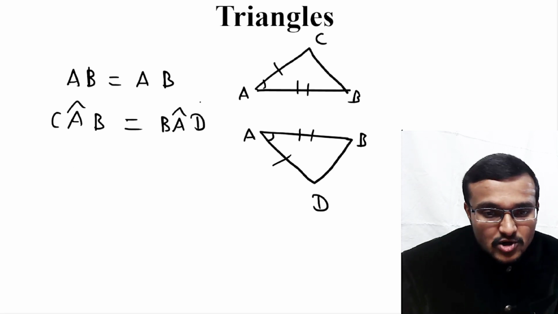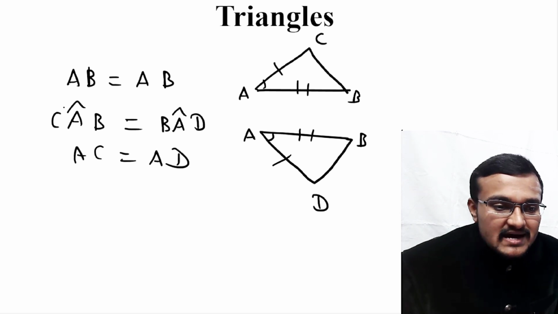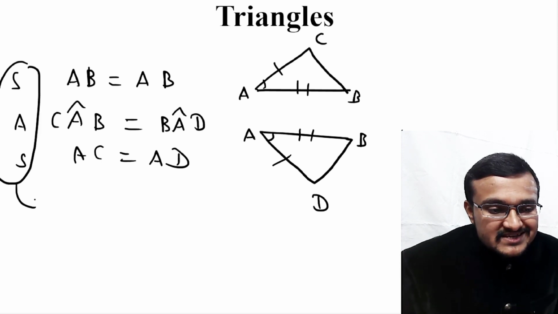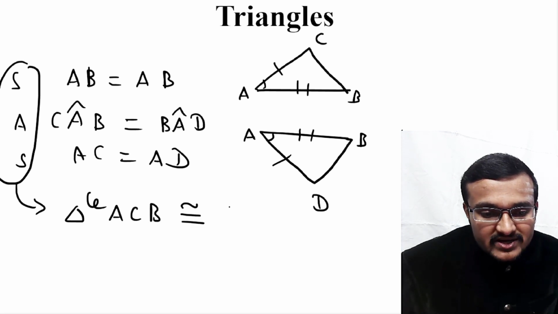So according to the SAS, side angle side postulate, triangle ACB is congruent with triangle ADB.